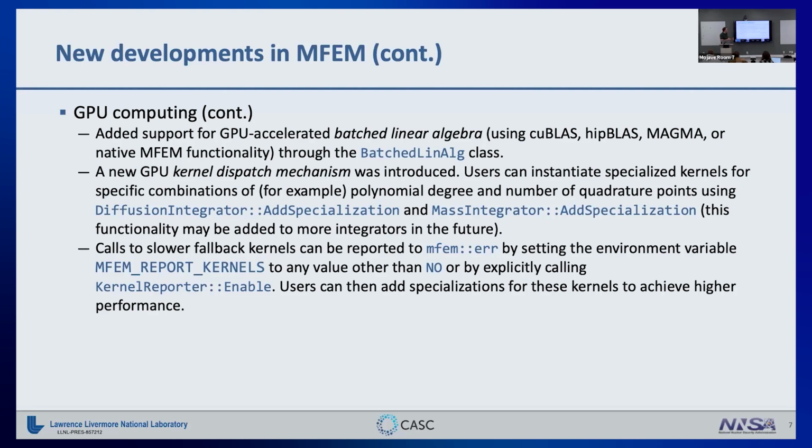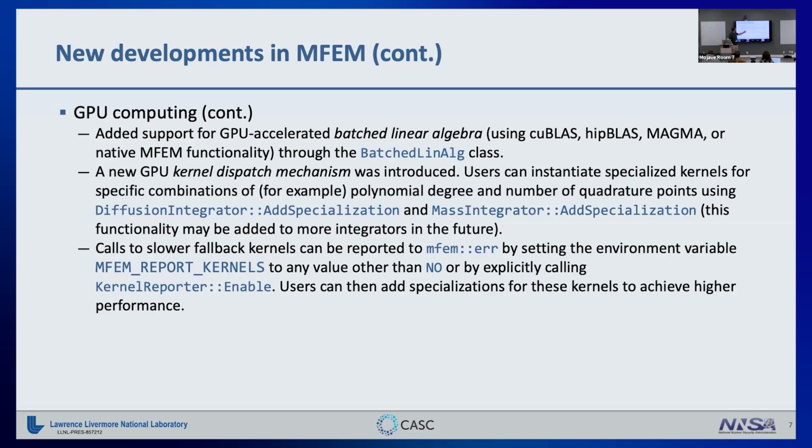But there are advantages of allowing users to add specializations if they need them without putting every special case in the library itself. Right now, this mechanism is added to the diffusion integrator and mass integrator, and we can extend that to other classes in the future. That's the plan.